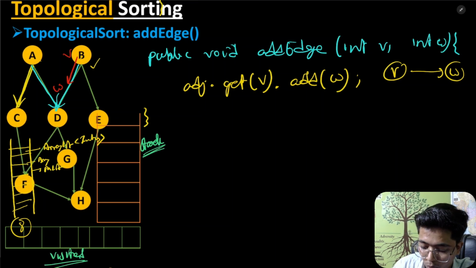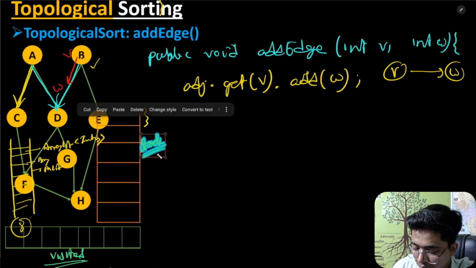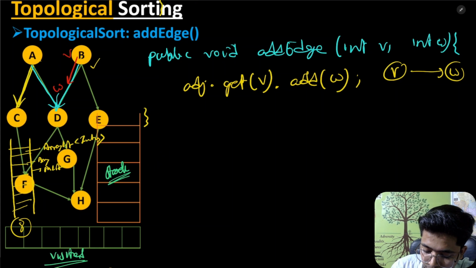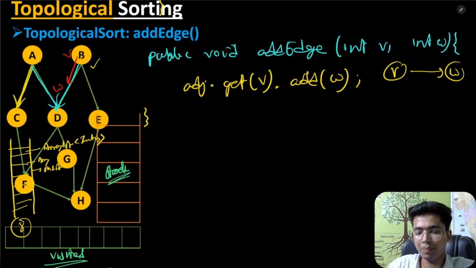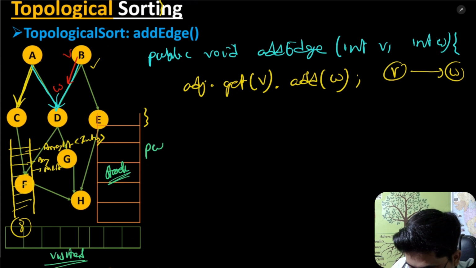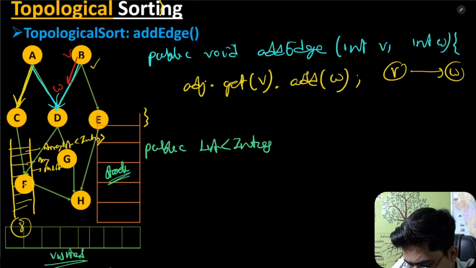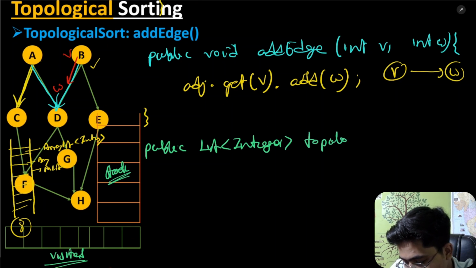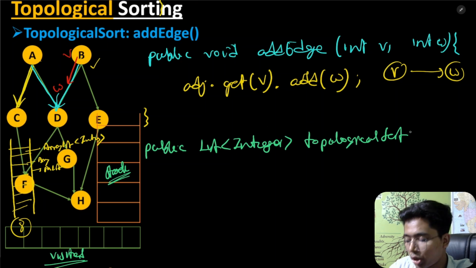Those are the two most important things that we'll be using to perform the function. So let's write the function: public list of integer, that will be returning a list filled with integers, topological sort.